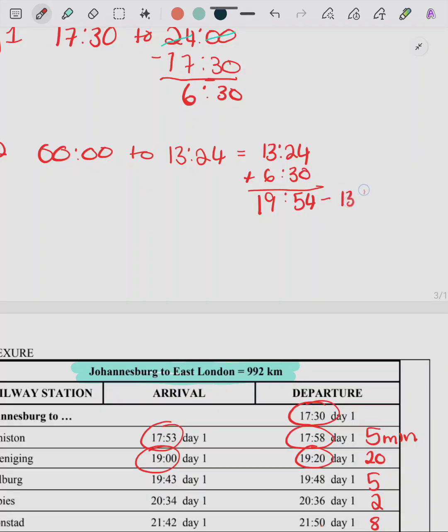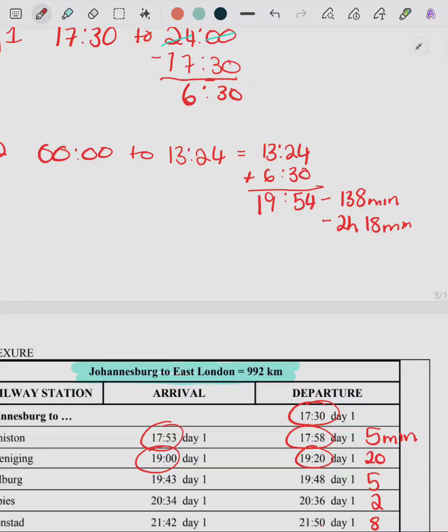But 138 minutes is a bit difficult to take away from 19 hours and 54 minutes, so I'm going to rewrite it as 2 hours and 18 minutes. I do that by saying 60 minutes an hour, 2 of them is 120, and I'm left with 18 minutes.